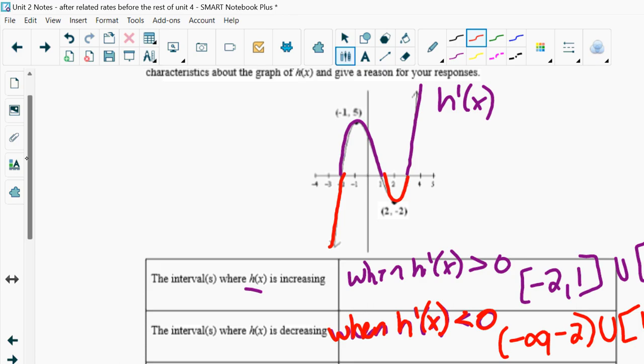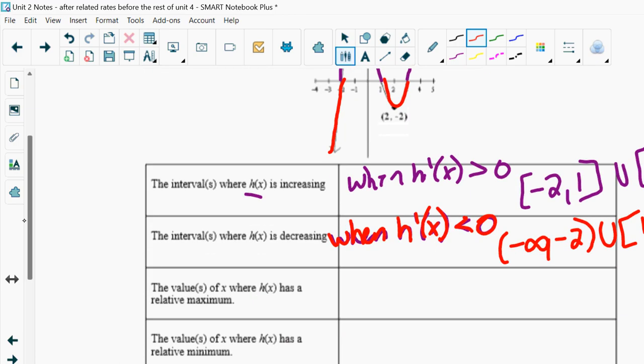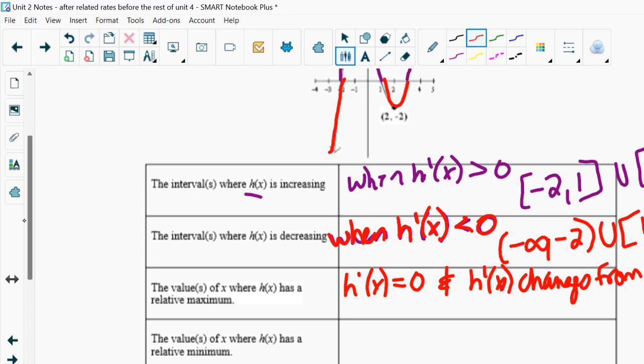The derivative equals 0, but then we have to be really careful because they're asking us to tell the difference between this. So we're looking for where h prime of x equals 0, and where h prime of x changes from, if I want a maximum, I always draw the picture, it helps me.